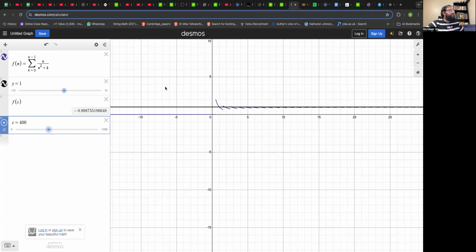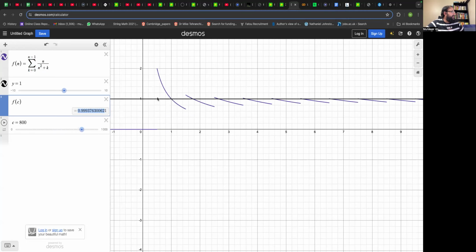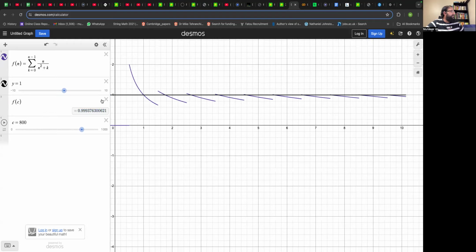Another idea is that you can go for decimals, and you can write this function like this: n over n squared plus k, and k equals 0 to n minus 1. Now what happens as n goes to infinity? I've written this f of c, and I can take very large values of c. You can see the value of this one is going to approach 1. And graphically, you can see as well, maybe for the time being the values are not okay, but this is the graph of the constant function 1.